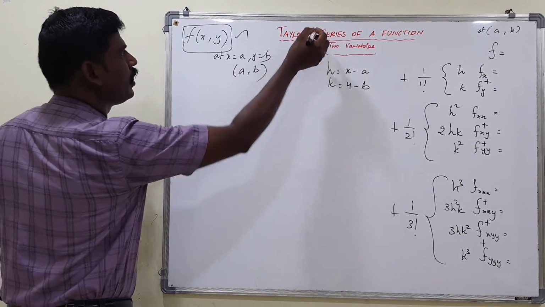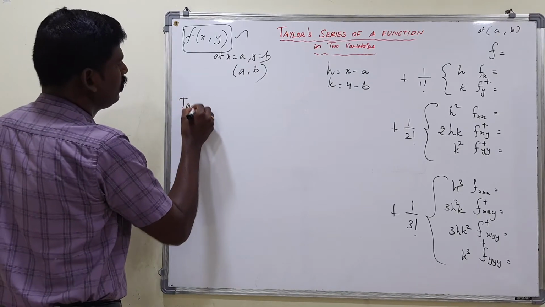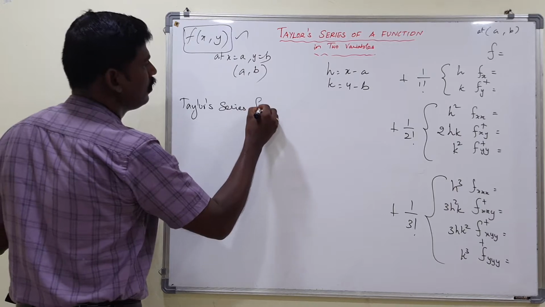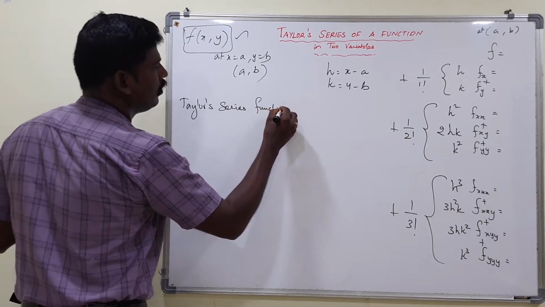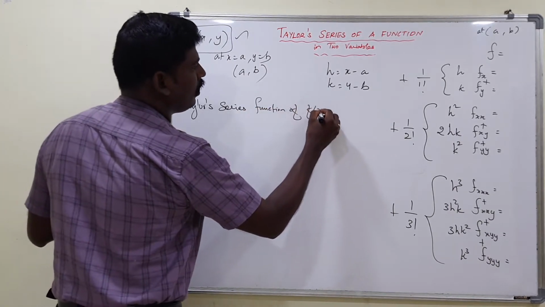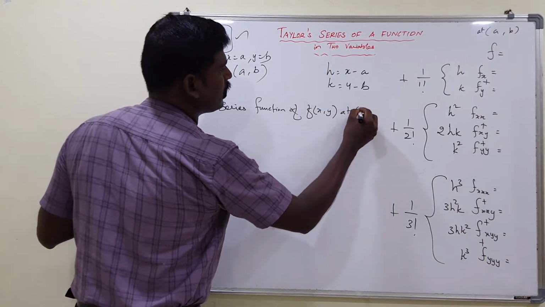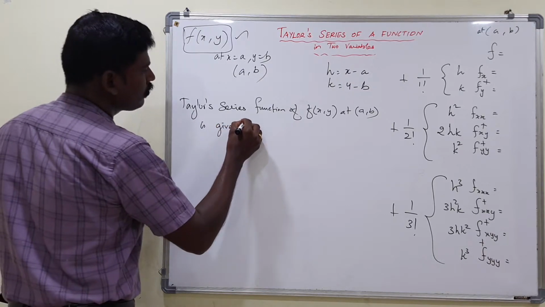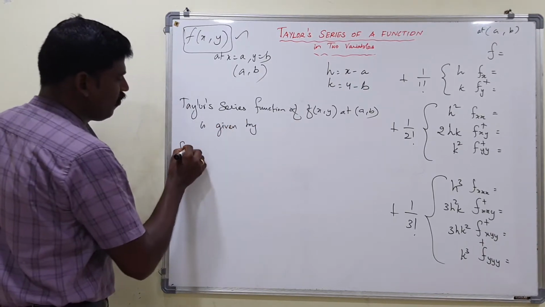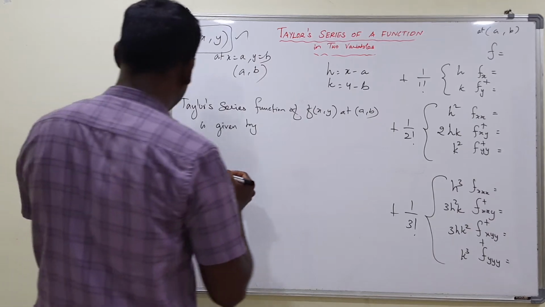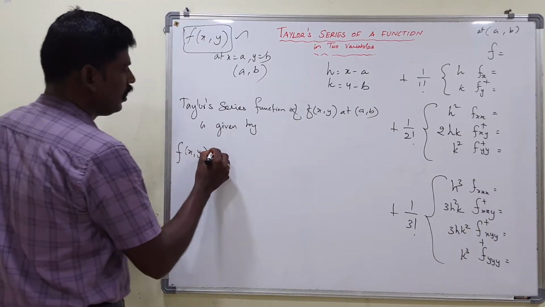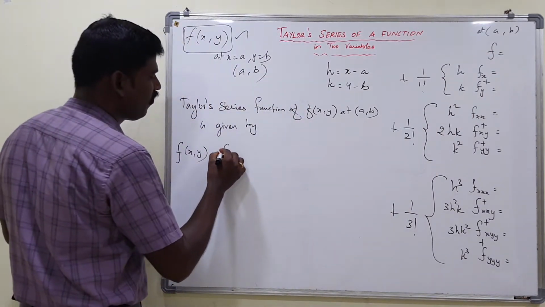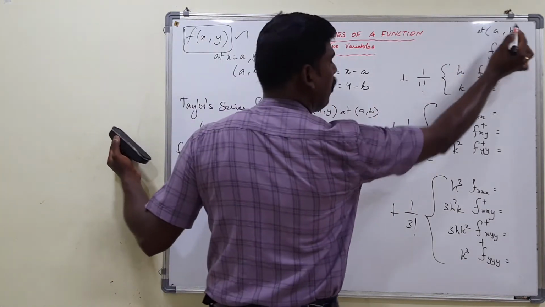Now I am going to write the Taylor series function. Taylor series function of f of x comma y at a comma b is given by f of x comma y, isn't it? f of x comma y is equal to, the first value is f at a comma b, isn't it?